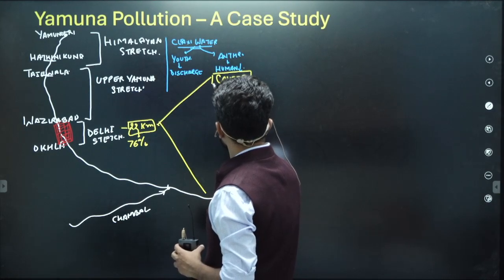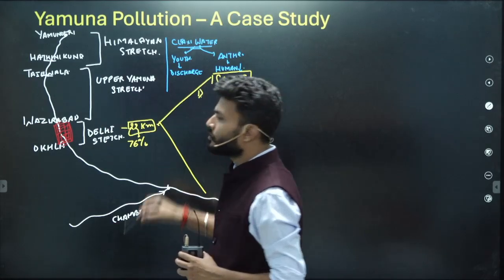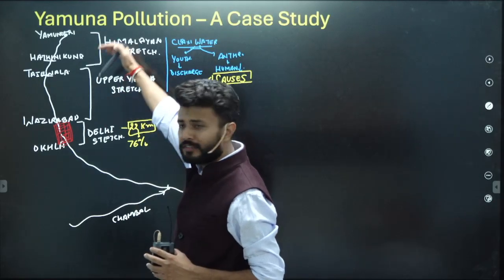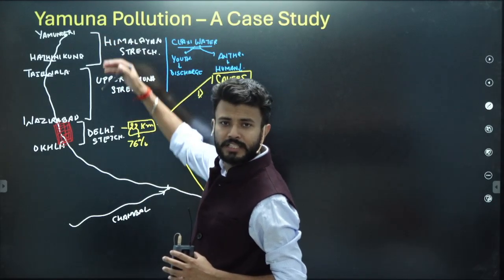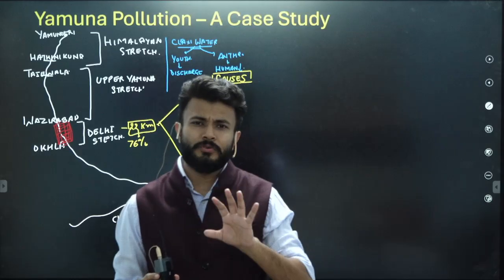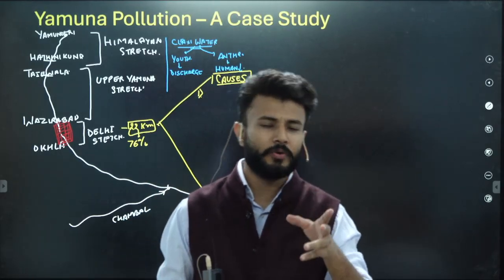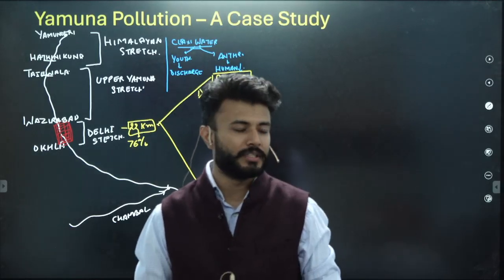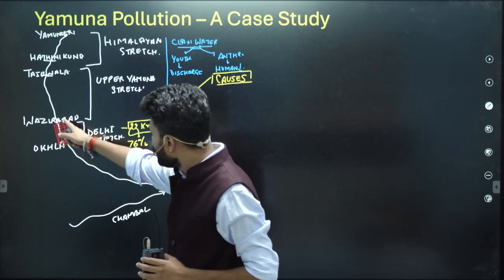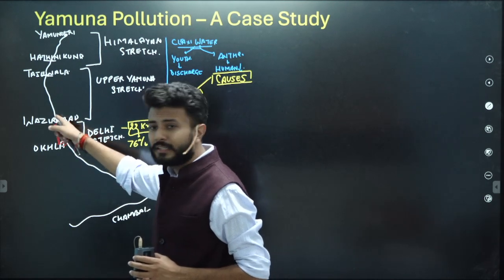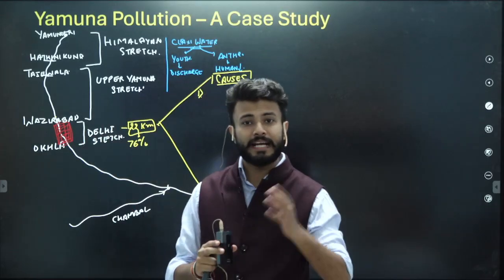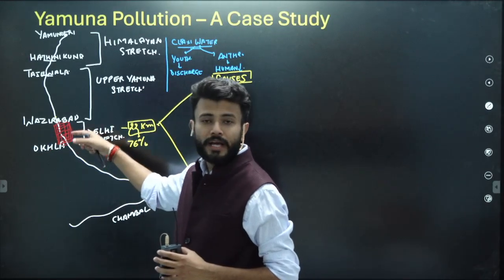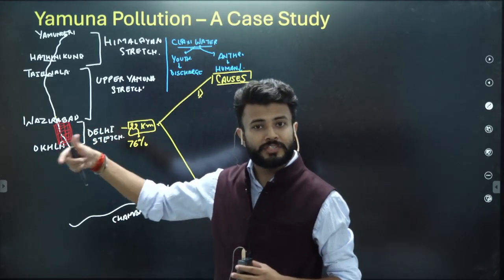The first and foremost cause is that in the upper stretch of Yamuna, during the youth stages, there are very small tributaries. You must have read about Tons, Asan, very small tributaries. But as soon as you cross Wazirabad, as soon as the river enters the Delhi area, there is no extra influx of fresh water.